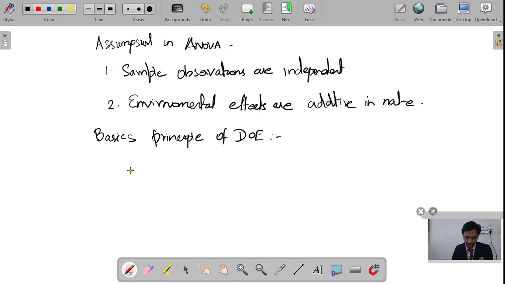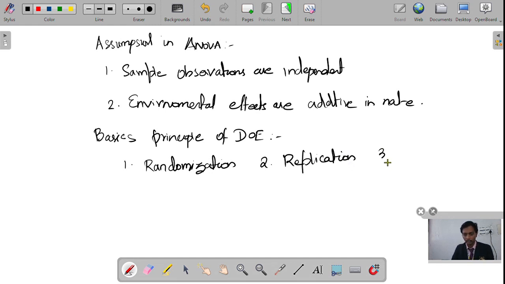There are three: first, randomization; second, replication; third, local control. These three are the very important basic principles of design of experiments. Next we move on to the topic, completely randomized design.